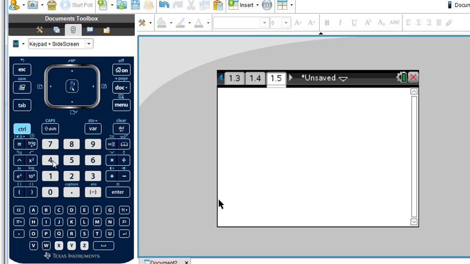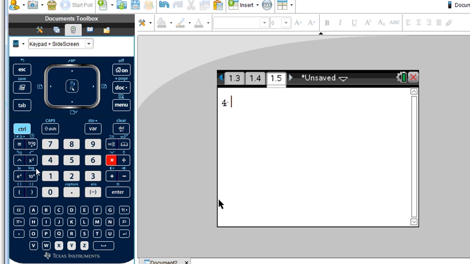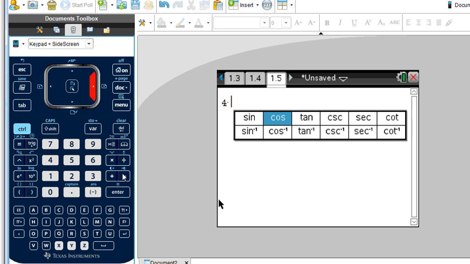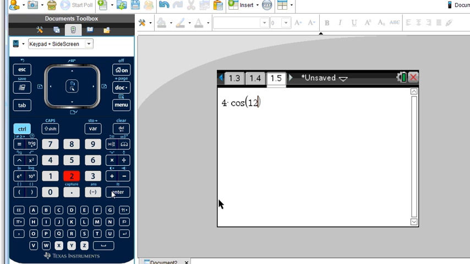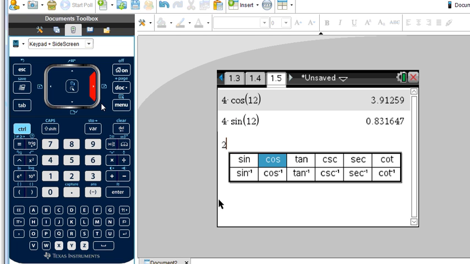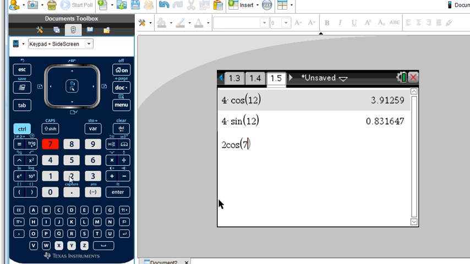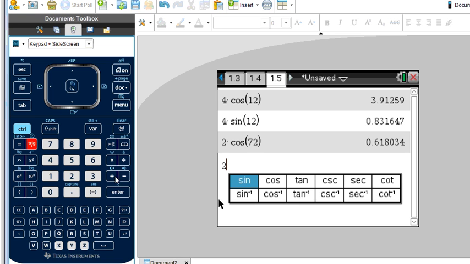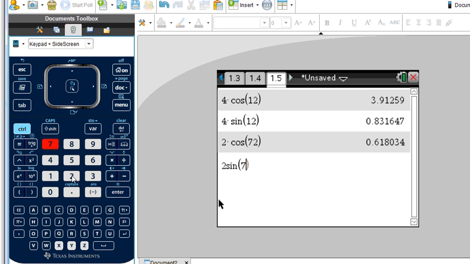So we have 4 times cosine of 12 degrees, that's going to be x1, 4 sine 12 degrees, that's going to be y1, and then we're going to have 2 cosine 72 degrees, that's going to be x2, and then finally 2 times sine of 72 degrees, that's y2.